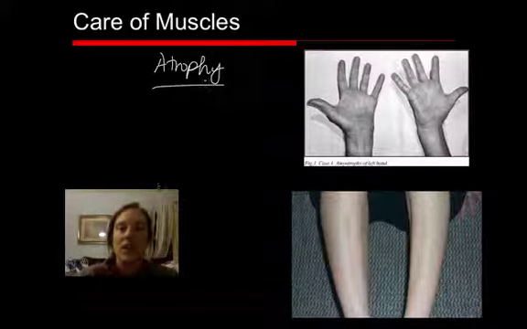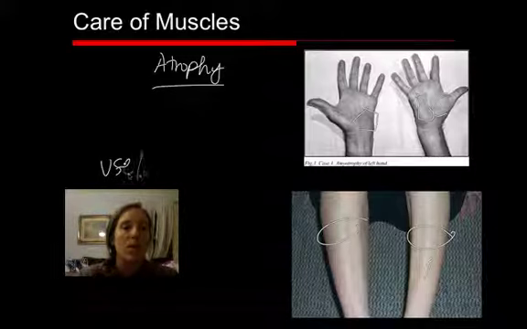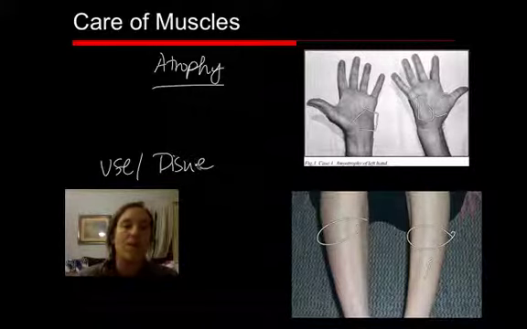Here, this is the healthy looking hand where you actually see the definition of muscle in the hand. And here, that's really sunk in and it's kind of gone away. And then you can really see the diameter of the leg here. This leg was in a cast for a number of weeks and this leg wasn't. So muscles really respond to use and disuse. That's really an important aspect of care of muscles, disuse.